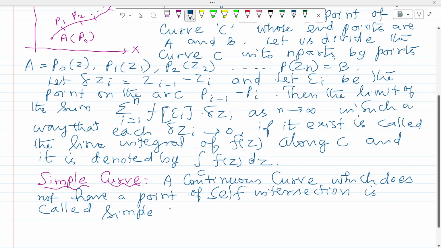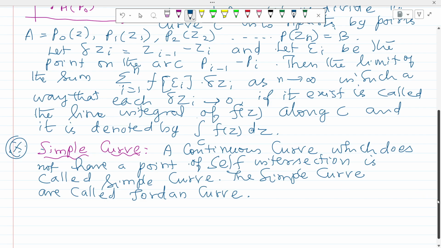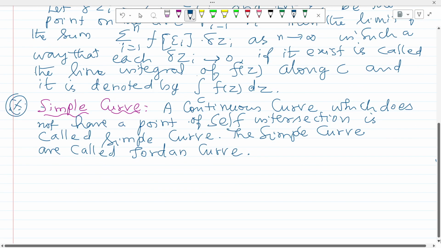The simple curves are called Jordan curves. Jordan curve. It is an MCQ definition. Simple curve, a continuous curve which does not have a point of self intersection, is called a simple curve.